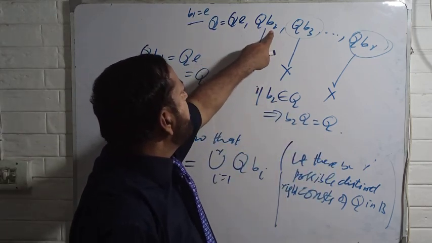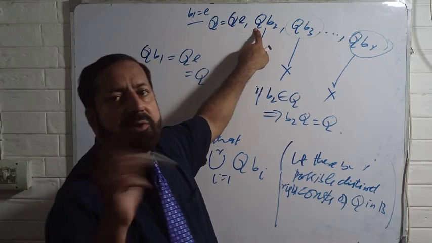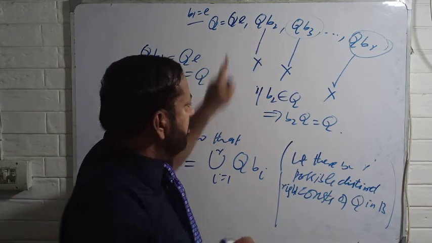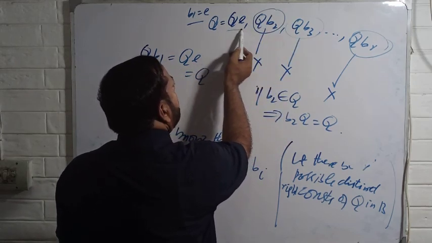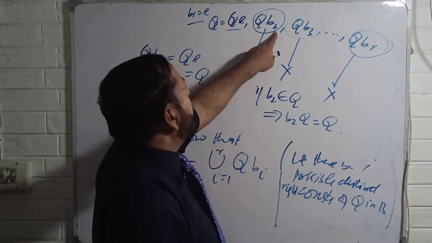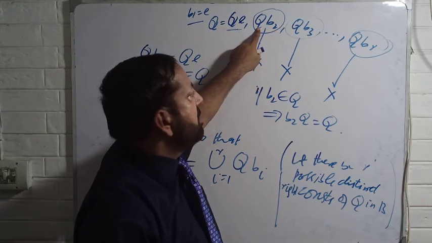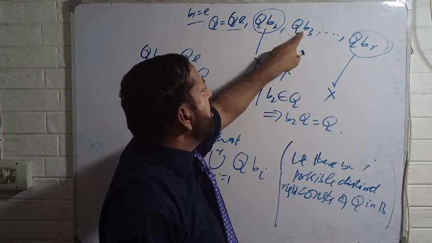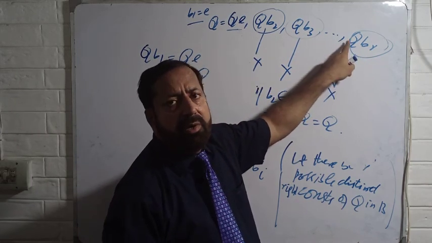And since QB2 is different from Q, B2 can never be an element of Q. This is what I am saying. Since this is different from QE, B2 is not an element of Q. Similarly, B3 is not an element of Q. Similarly, BR is not an element of Q.